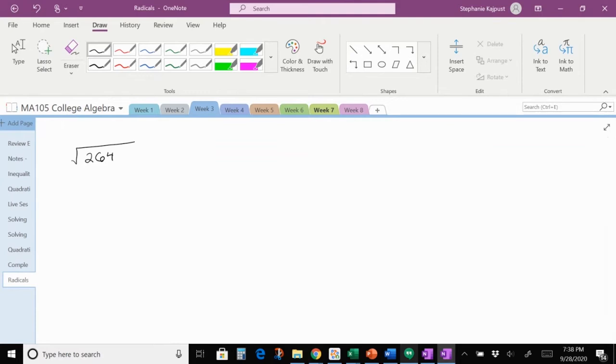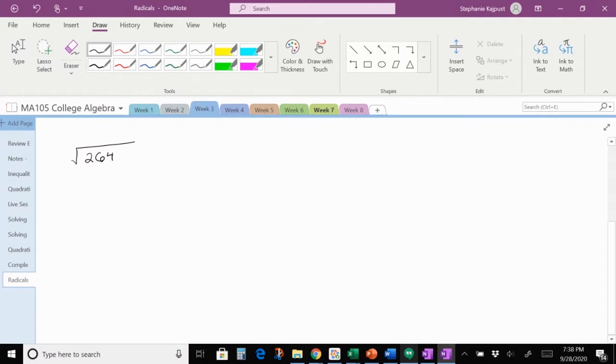So let's take something like the square root of 264. There's a square root button on your calculator. If you took that square root, you get a decimal. Most radicals give you a decimal when you do it on your calculator. And in math, it's harder to work with decimals. We have to round, then our answers aren't exactly accurate anymore. So we want to simplify it.